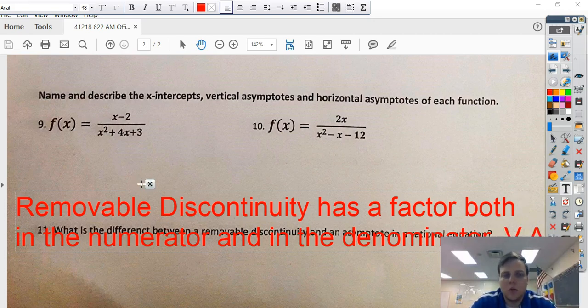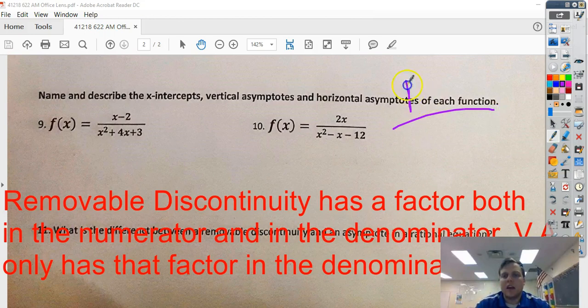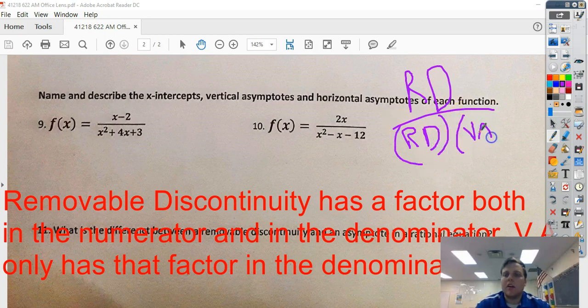A vertical asymptote only has that factor in the denominator. Basically, to have a removable discontinuity, you have to have that factor in both the numerator and in the denominator, whereas to have a vertical asymptote, that factor does not exist in the numerator.